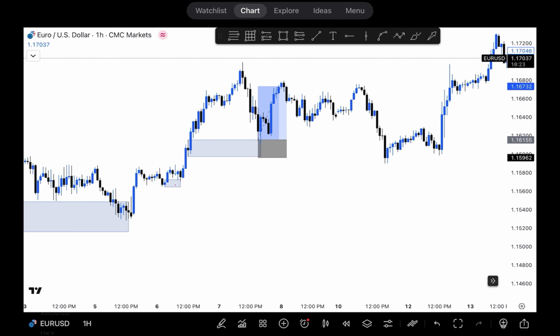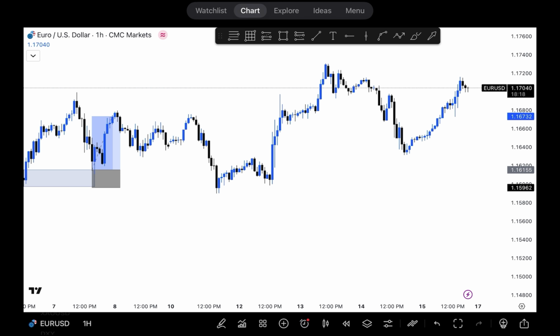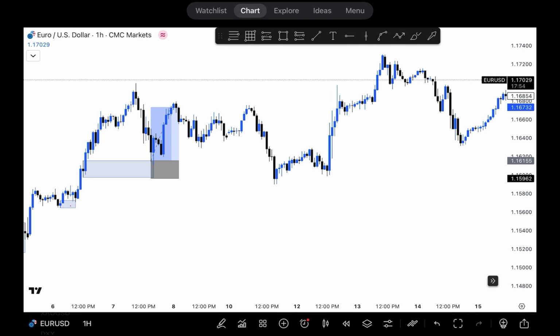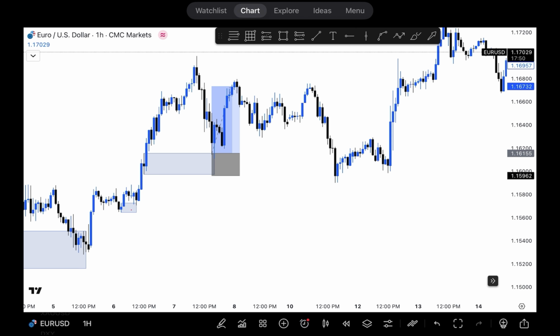Just make sure you add it to your confluence, and I can assure you that you're going to see a very good increase in your win rate when it comes to trading. I will find a way to attach the picture of each case to the video, probably at the end, so you can have a screenshot of it and always check to know if you're in a good trade, or figure out the type of candle you are trading off.